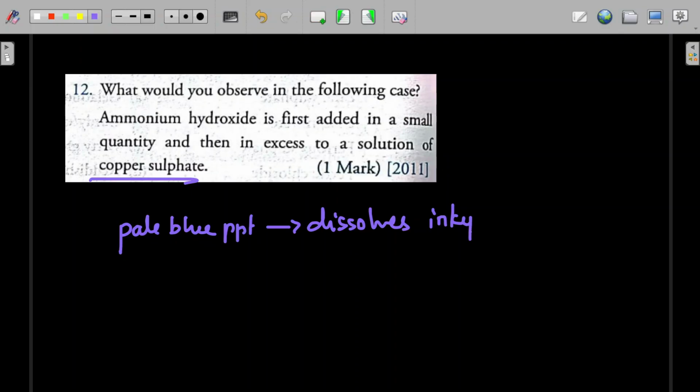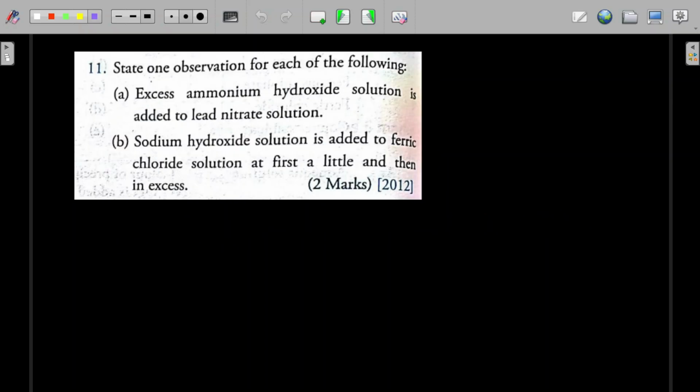See, when a precipitate dissolves, it becomes a solution. It is no longer a precipitate. Precipitate means an insoluble solid, right?